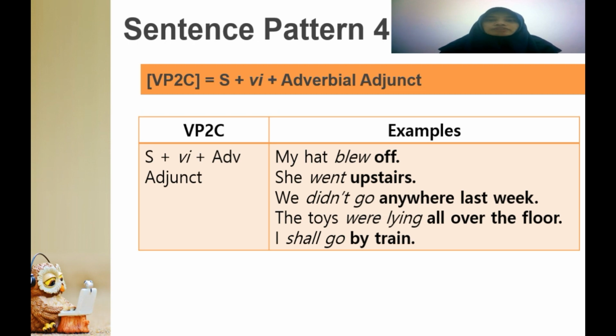And then we didn't go anywhere last week. It shows the adverb of time. And then the toys were lying all over the floor. It also shows the adverb of place. And then I shall go by train. Okay, it shows the adverb of manner.